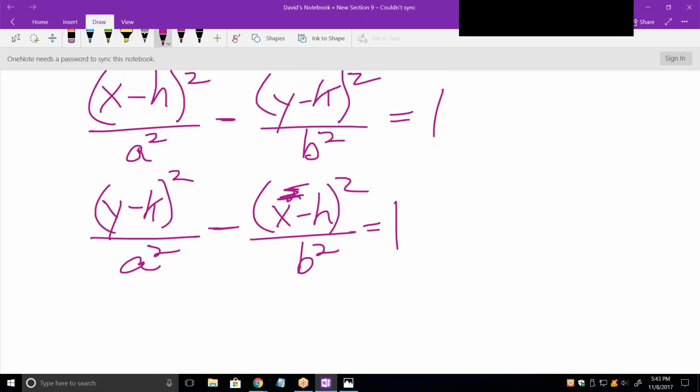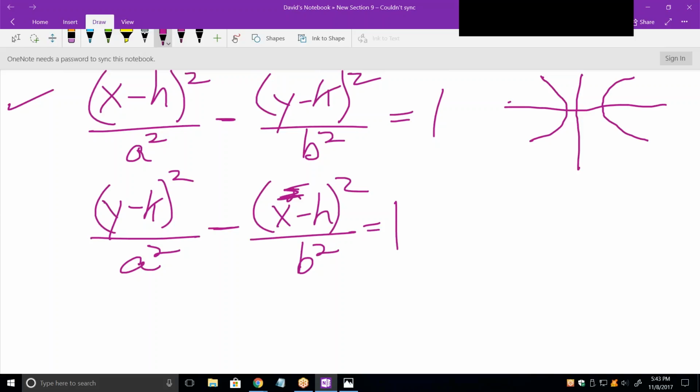Now, if it is the first format, it's a horizontal hyperbola. A horizontal hyperbola would look like those curved lines there. Okay?